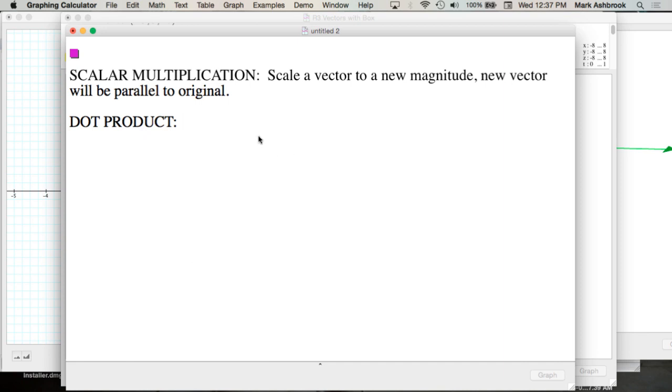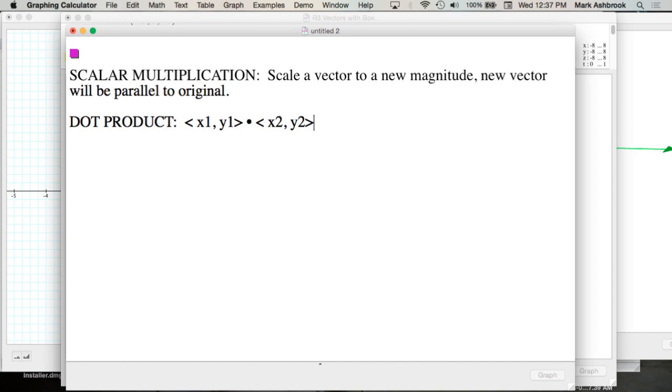So the algorithm for dot product is this. Say x1, y1 dot x2, y2. So this is what? Two arbitrary vectors, R2 vectors.